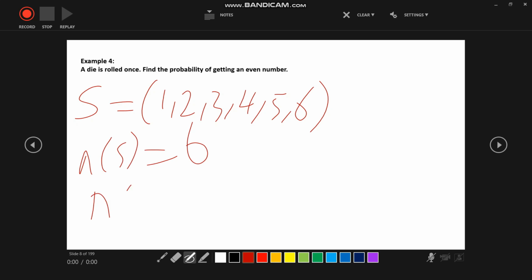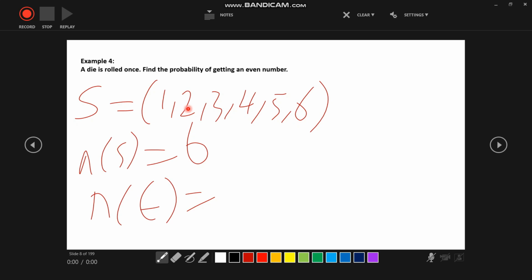Now our n of E is what? The question says we should find the probability of getting an even number. So you come to this sample space and you count the number of even numbers in this set. Even numbers start from 2.